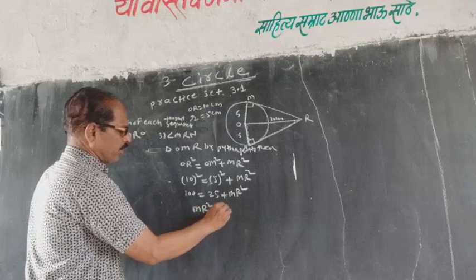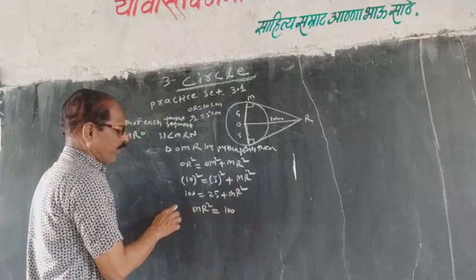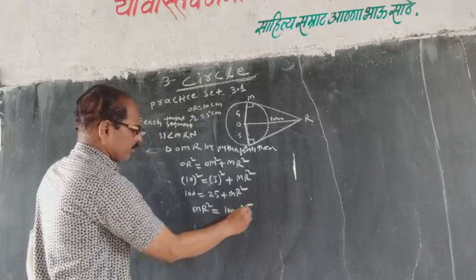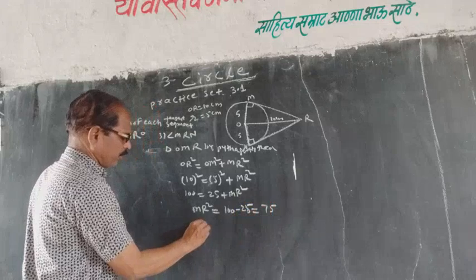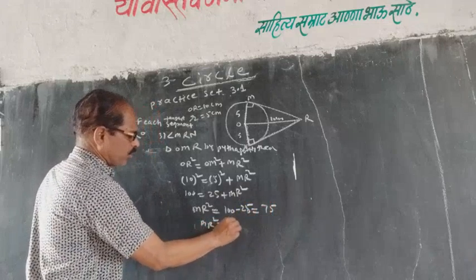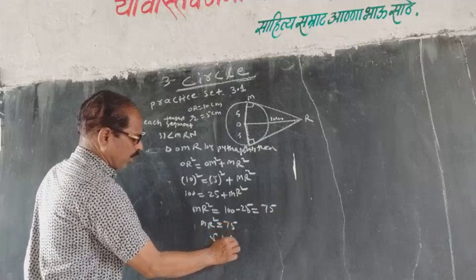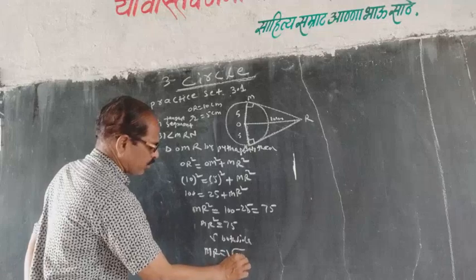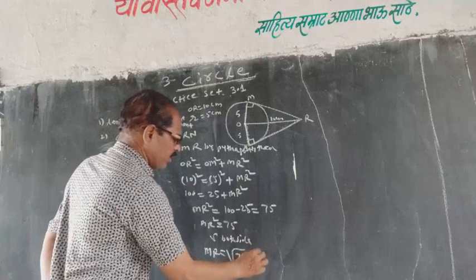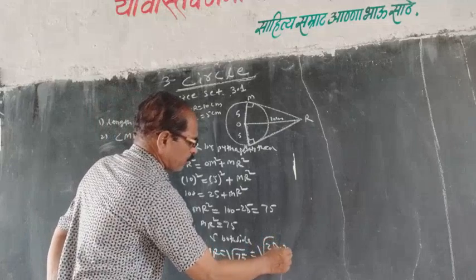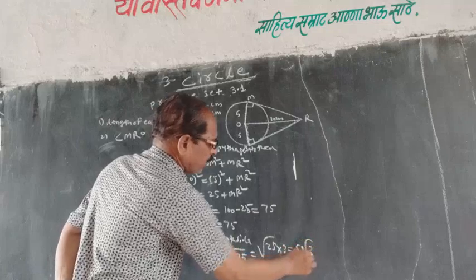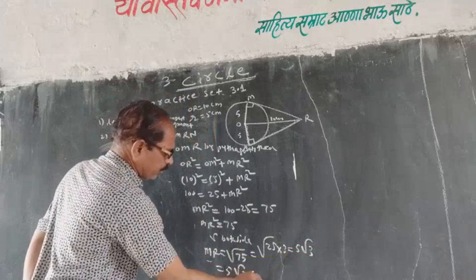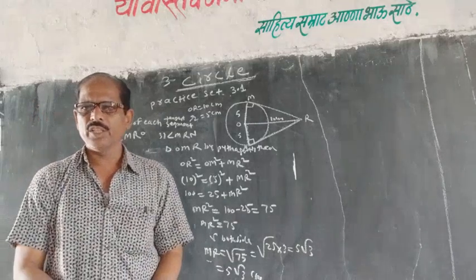MR square is equal to 100, 25 goes to the left hand side. We get 75. MR square is equal to 75. Take the square root of both sides. MR is equal to under root 75, means 25 into 3, means 5 under root 3. So MR is equal to 5 under root 3 cm.